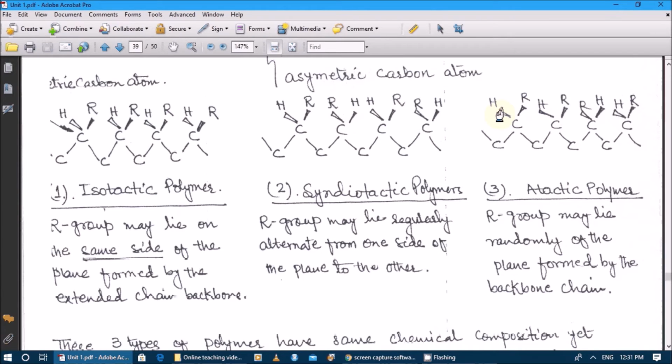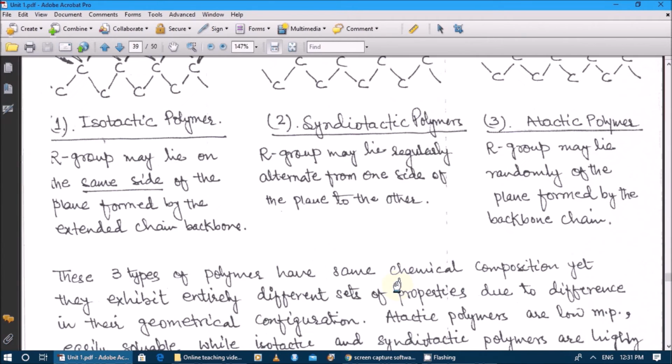Here the H group is above the plane, here below the plane, again below the plane, above the plane. So this is all random. Because of the random placement of R and H group, atactic polymers are formed, and they are not crystalline because there is no structural regularity. So they are amorphous polymers, whereas isotactic or syndiotactic polymers are crystalline polymers.